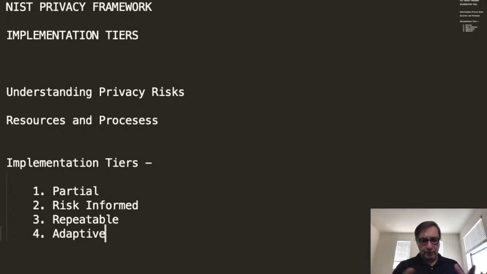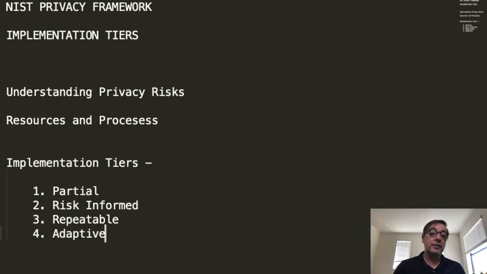So this is the last, right, of the process from NIST, the implementation tiers. They really provide a point of reference on how an organization views privacy risks and whether it has sufficient processes and resources in place to manage that risk. So essentially, you are asking, now that you sort of understand the privacy risks that you need to manage, do you have sufficient resources and processes in place to manage those risks?